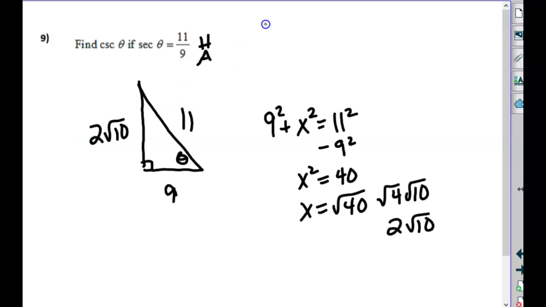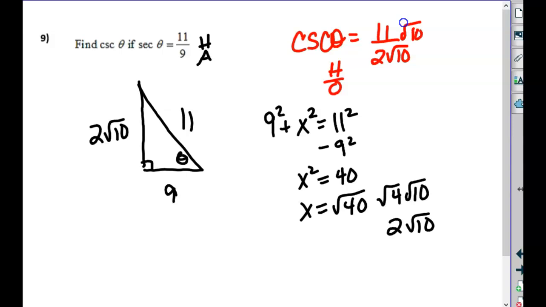All right, so these aren't pretty. It says find the cosecant. Cosecant is what? Hypotenuse over opposite. So it's 11 over 2 square roots of 10, which is 11 square roots of 10 over what?